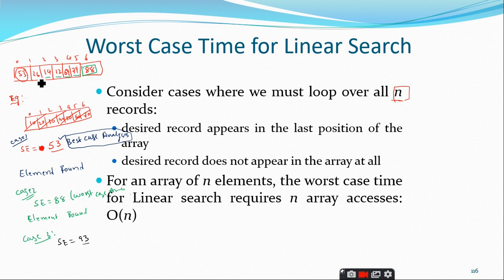Again compare it with the next element, 93 and 26, not equal. Compare with the next element, 93 compared with 14, not equal. 93 compared with 12, like that. It will go through the entire list. In the last one, 88 compared with 93. Here also the element is not found. So this is an unsuccessful search, and the message you will get is element not found.